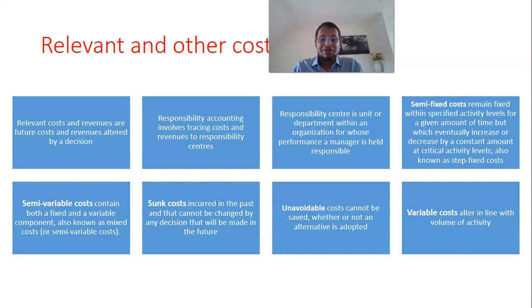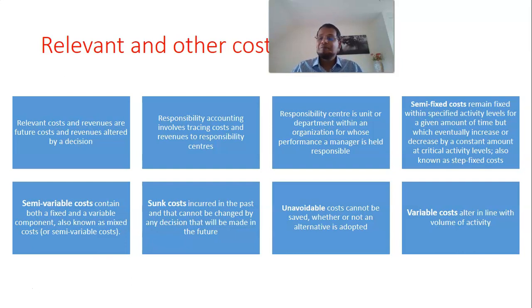We already mentioned what is avoidable cost. Avoidable cost means if you can avoid some cost by doing the job in an alternative way, that is avoidable cost, right? If we can reduce some cost, avoid some cost, that is avoidable cost.